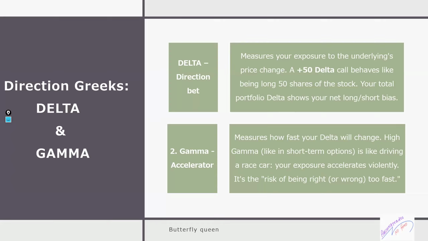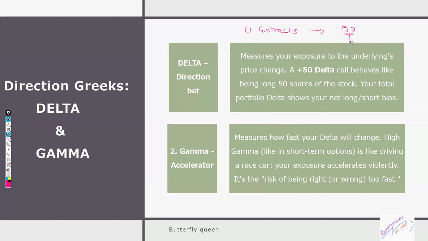So shares will always be one, right? So you are 100 deltas long. If you have 10 contracts of Apple calls, and each of those calls is 50 delta, that's like 50 shares.